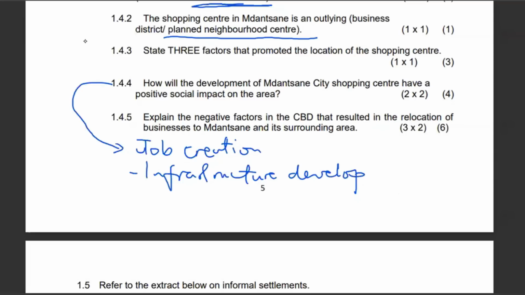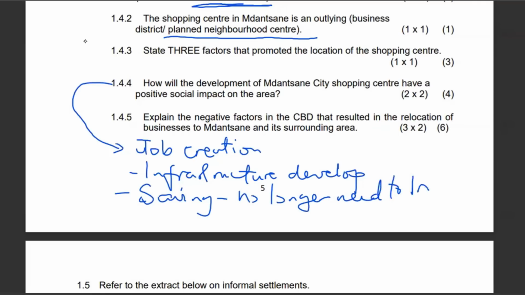And what is also going to happen is a saving to people. It's a form of saving to the people. People no longer need to travel. Because now there is a shopping center around, people no longer need to travel longer distances to access basic goods or services. They now get those services in the shopping center.